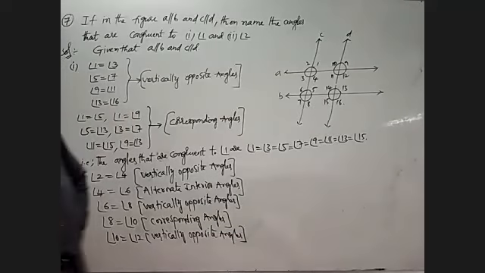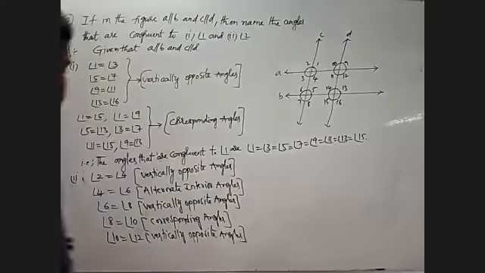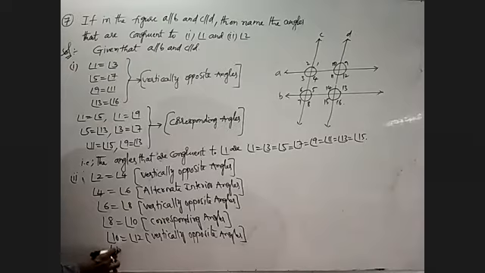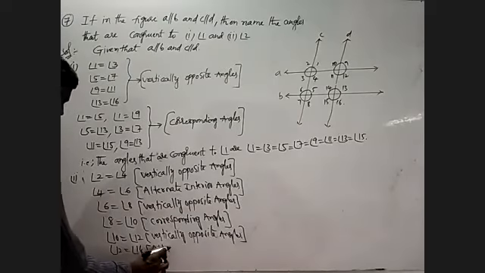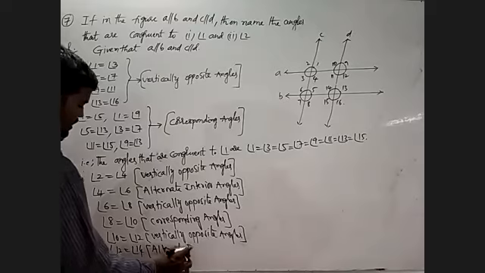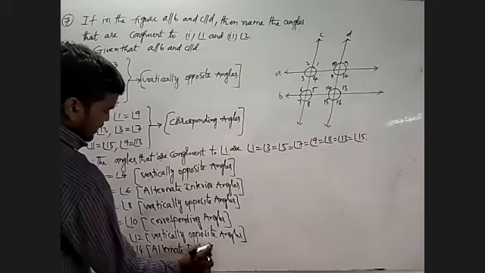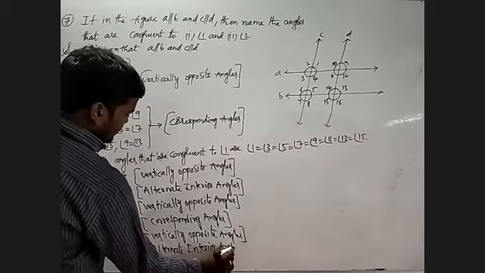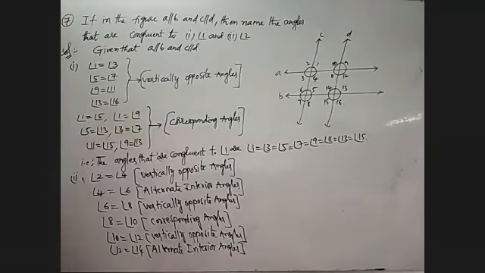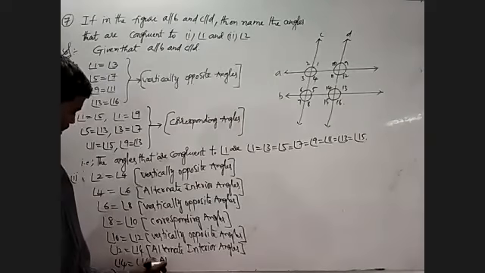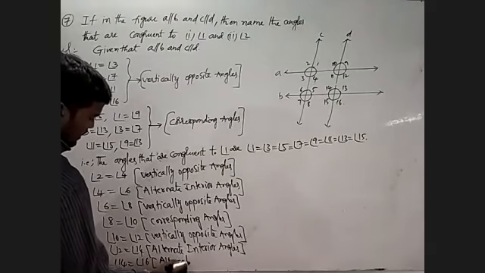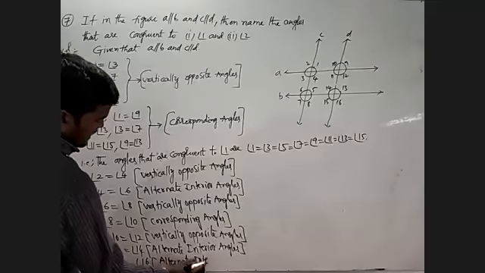Again we'll take angle 12 is equal to angle 14, which means these are alternate interior angles. Again we'll take angle 14 is equal to angle 16. What about that one? 14 is equal to 16 are alternate interior angles.